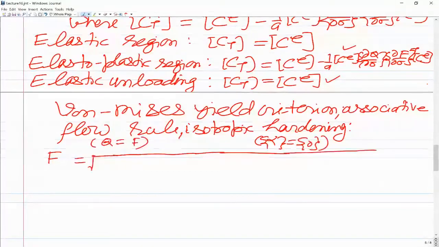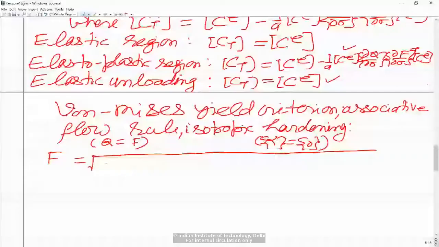I expect you to derive the expression for von Mises stress. You can calculate the CRS in the octahedral plane and then equate it to the corresponding uniaxial octahedral shear stress and get the expression for equivalent stress. I'm not going into that derivation.